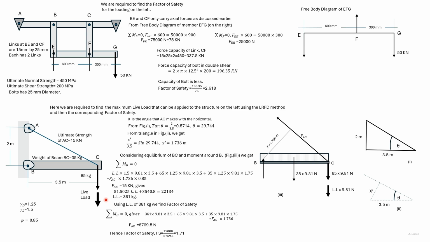Then here again, we have 361 into 9.81 into distance plus 65 into 9.81 into distance plus 35 into 9.81 into half of 3.5 is equal to FAC into 1.736, from which we get a value of FAC. The ultimate strength of AC is 15 kN, from which we get a factor of safety.